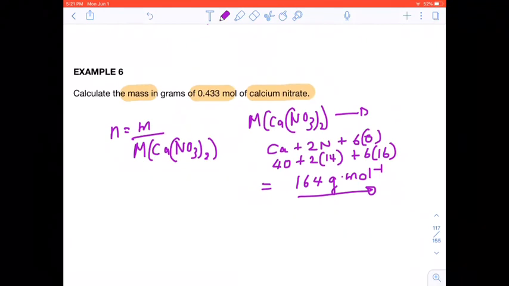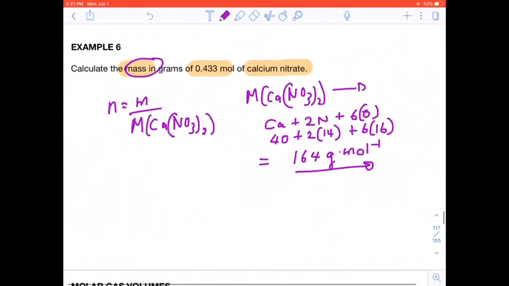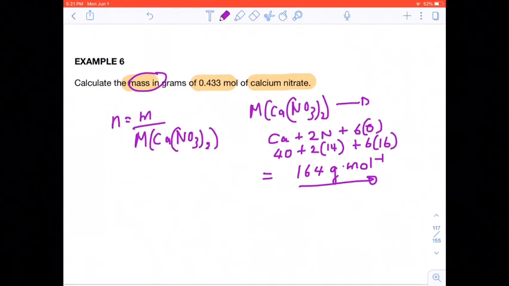Now we want to know what mass in grams. So mass in grams is equal to n times the molar mass of Ca(NO3)2.